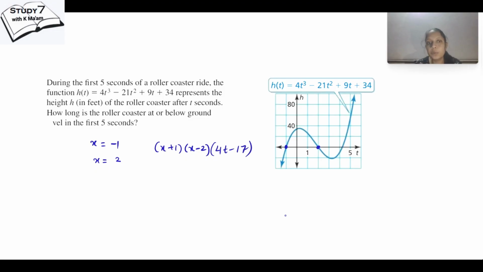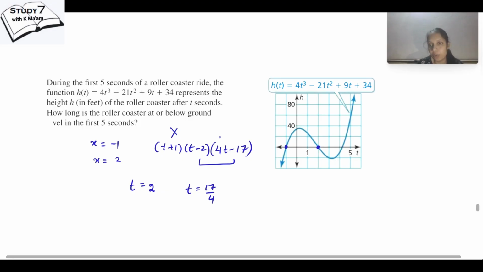In this case, what is x? x is time here, t. I can replace it with t here. Okay, 4t minus 17. Time is always greater than 0, so I will not count this. So you are left with this: either t equals 2 or t is 17 by 4. So we have to check how long the roller coaster is at or below ground level.